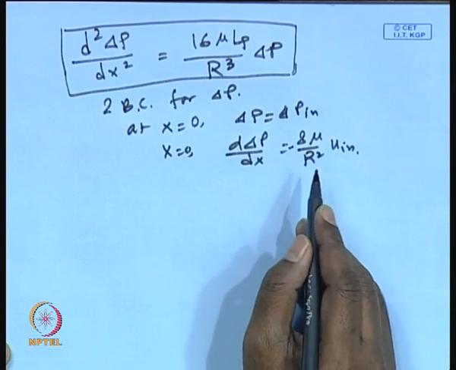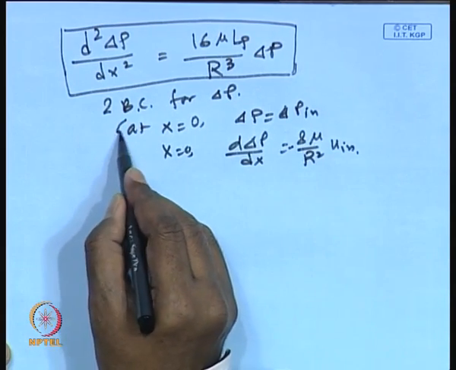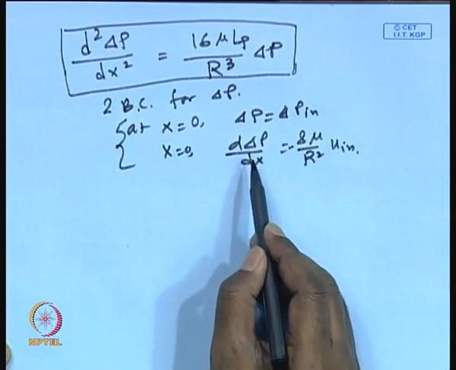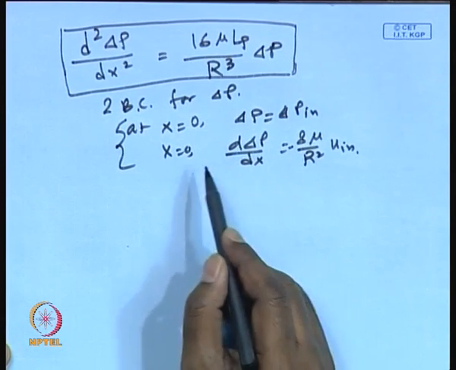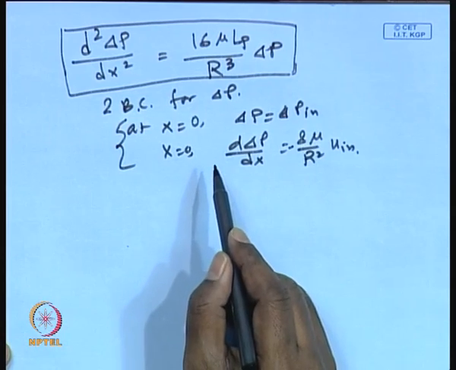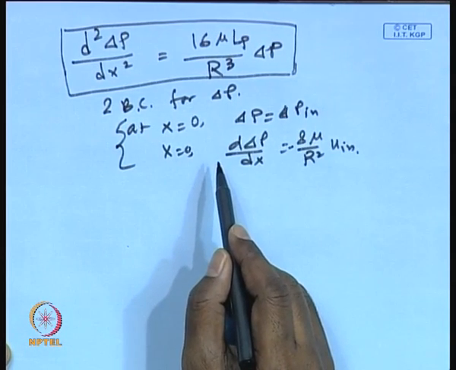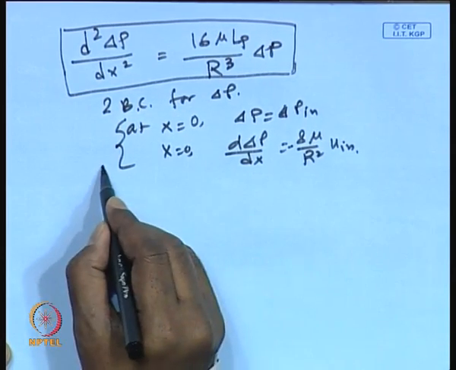Now, using these two boundary conditions, when both the boundary conditions are specified at the same boundary, there is a specific name to this system. Do you know that? This is known as the Cauchy boundary condition.